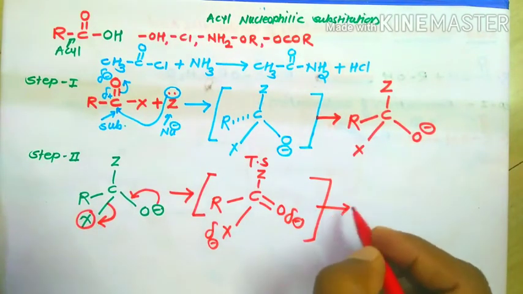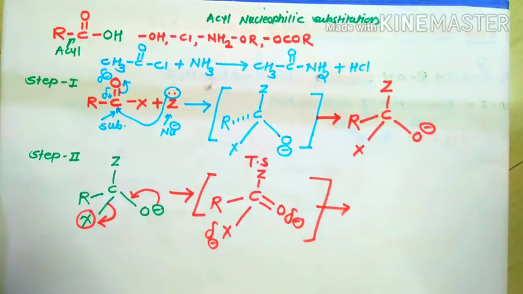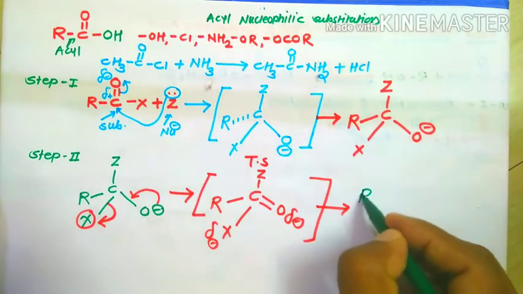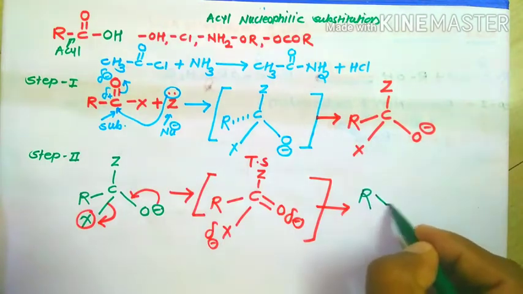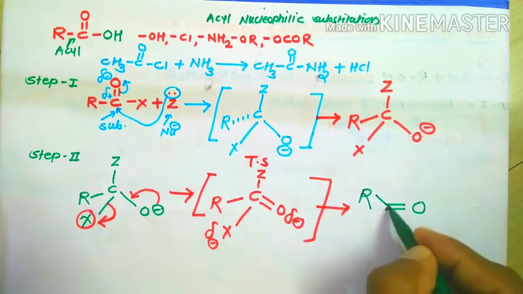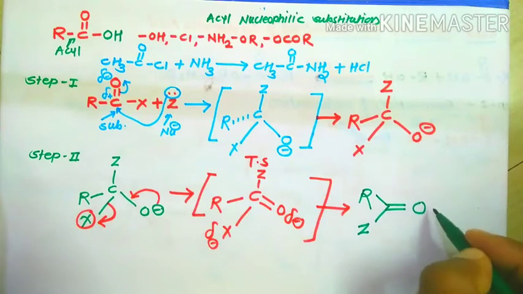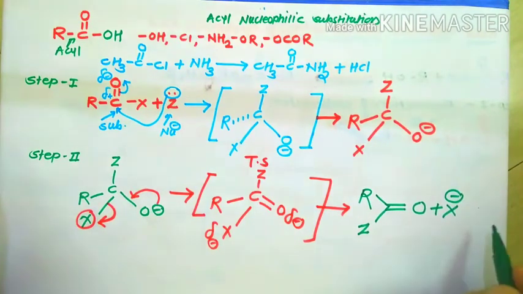The transition state proceeds to form the final product of this reaction, that is R, C double bond O, Z with elimination of X ion, that is X minus ion.